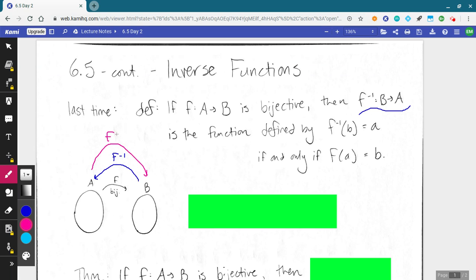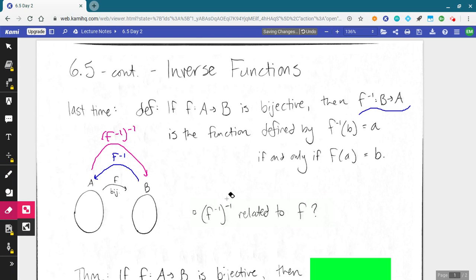f inverse inverse. Right, and our starting observation is that, hey, that's mapping the same direction as our original function f. Well, could these two functions be related?